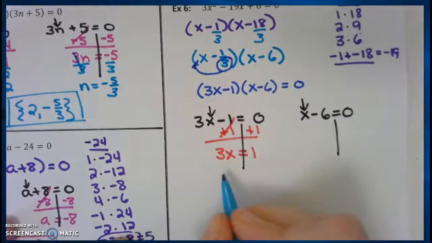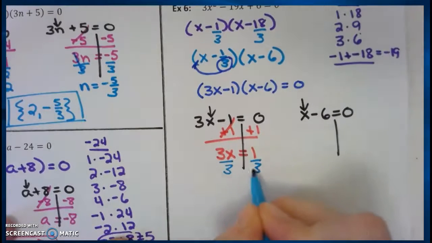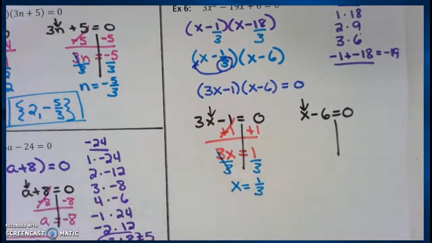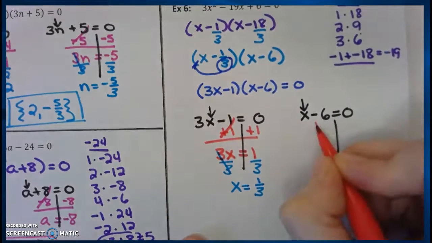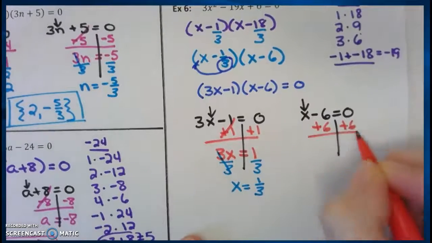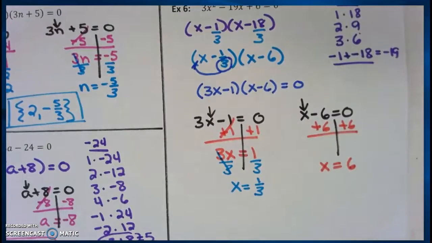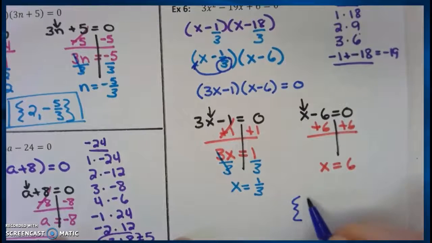Then from here, I divide both sides by 3. And this one is not going to reduce. It's going to stay 1/3. Okay. Then for my other one, I've got a minus 6, so the opposite of a minus 6 is plus 6, which gives me x equals positive 6. So our final answer for this last one, we've got 1/3 and 6.